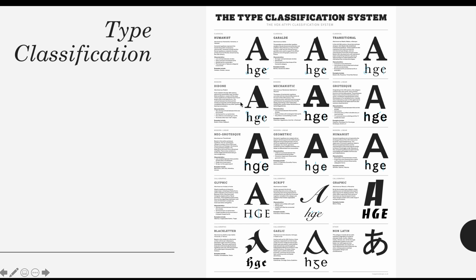So if I'm saying something is modern, I may not necessarily be talking about the type classification, more of like modern contemporary as far as style or aesthetic goes. But you need to make sure that you're paying attention and understand that there are different spaces that these fonts live in, and that affects how they read on a page and how they're paired together.